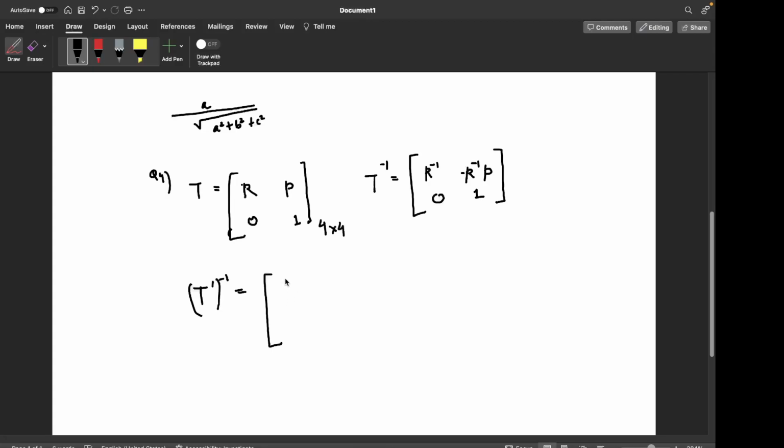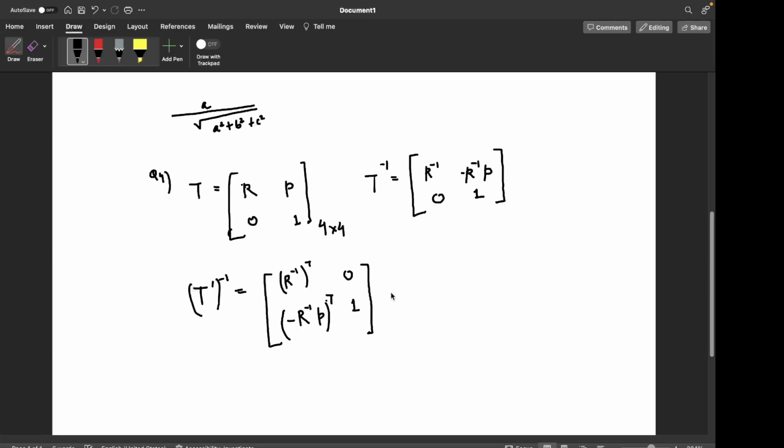So first will be R inverse transpose, then it will be minus R inverse P transpose, then there will be 0 and 1, right?